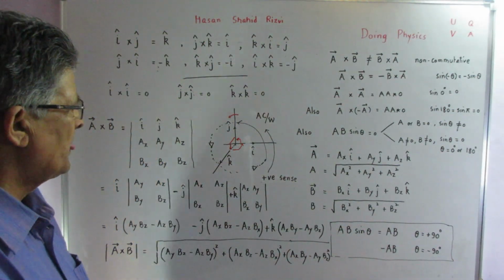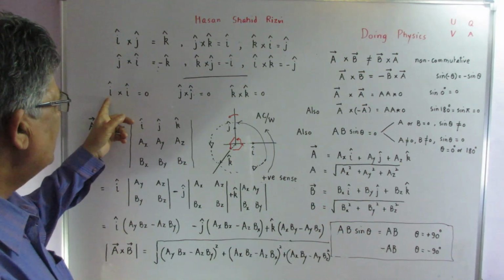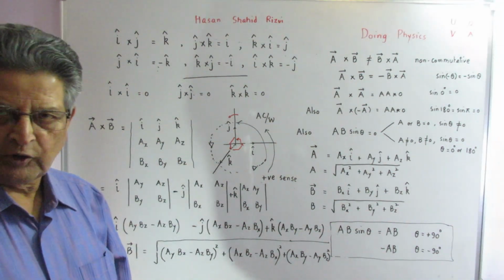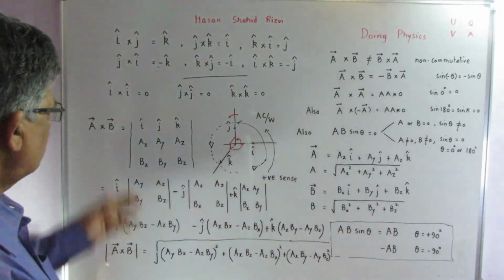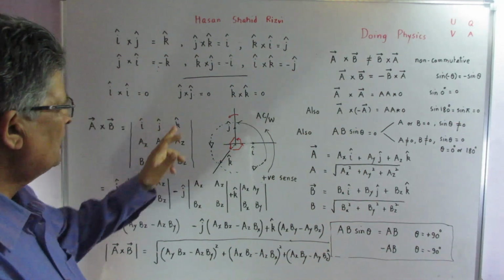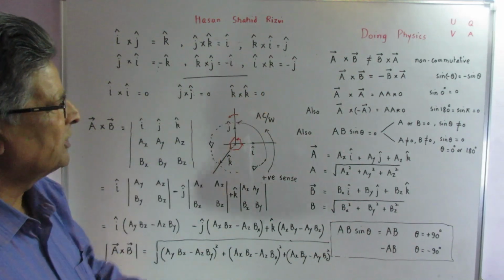Of course, if I have i cross i, then the angle between the two of them is 0. Sine 0 is equal to 0, and therefore i cross i will be equal to 0, j cross j will be equal to 0, and k cross k will also be equal to 0.